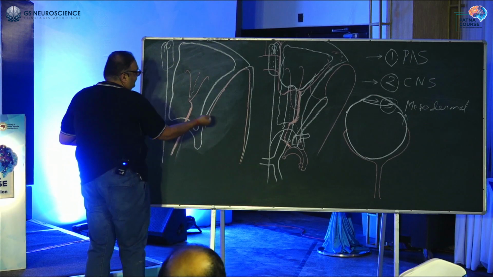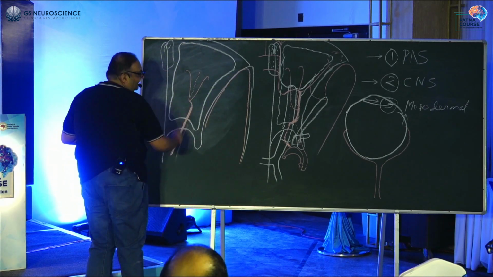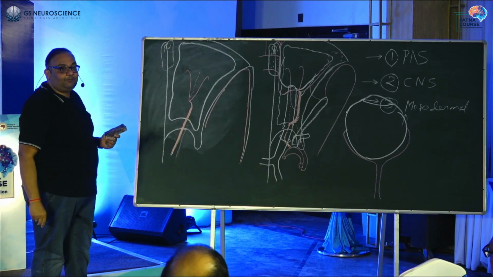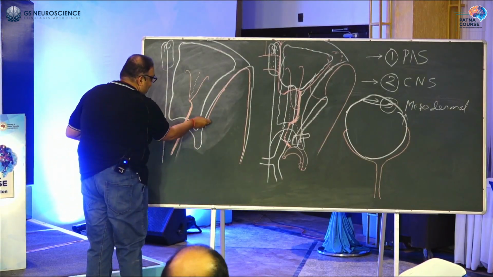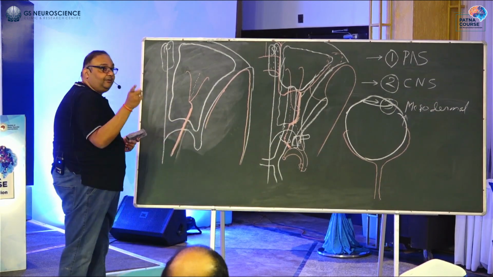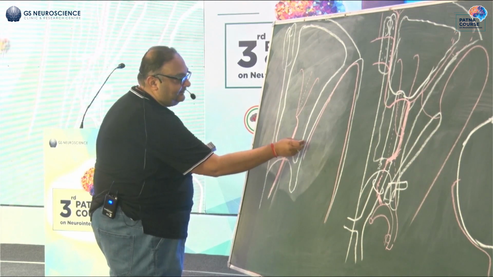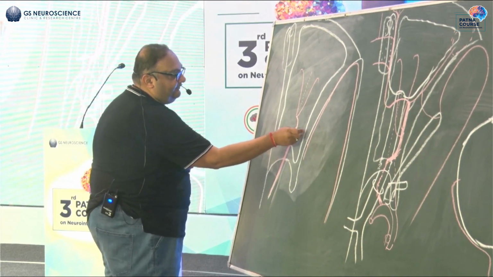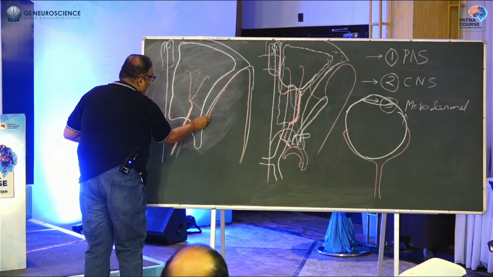What happens is, as this artery reaches the lateralmost part of the superior orbital fissure, it makes an anastomosis through the superior orbital fissure, a transsphenoidal anastomosis, with the developing primitive ophthalmic artery.